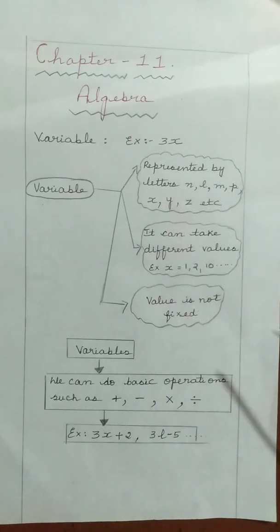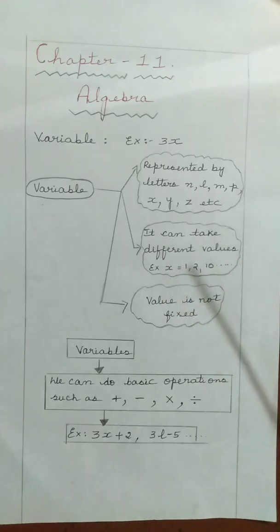Then, second point, it can take different values. As I told, x is an unknown. So we don't know what the value of x is now. That is called unknown. So to that unknown variable x, we can give any different values.